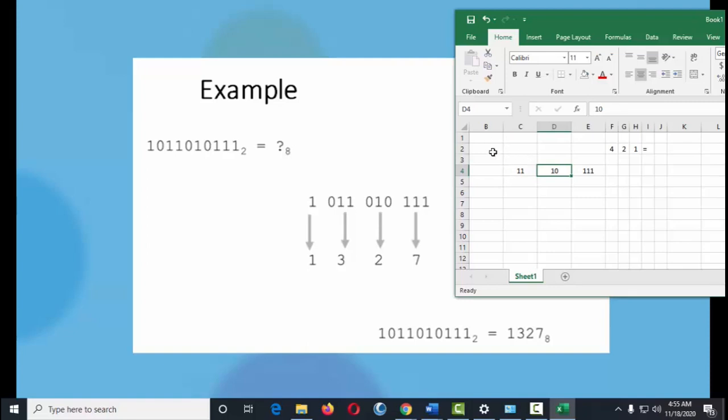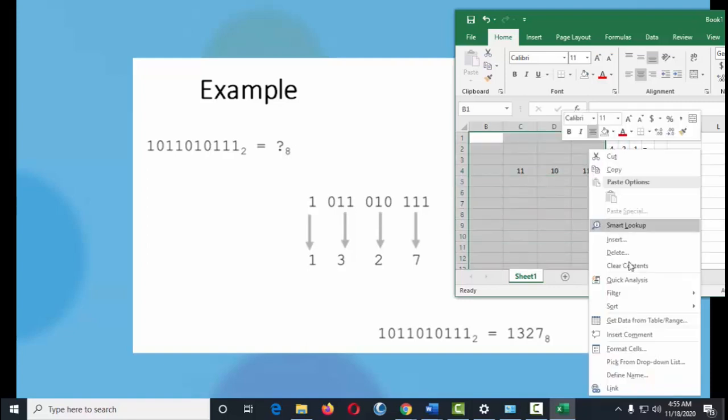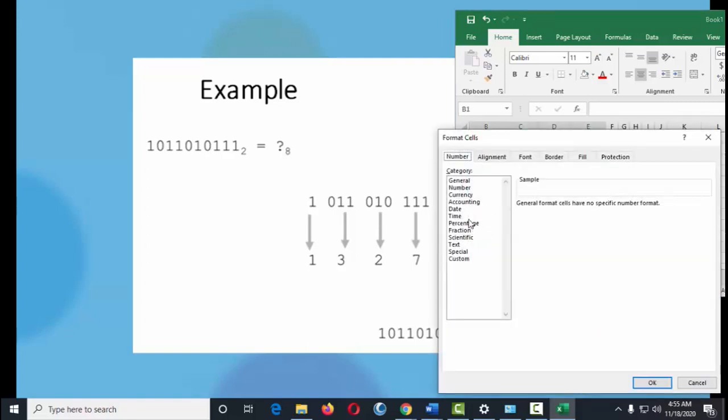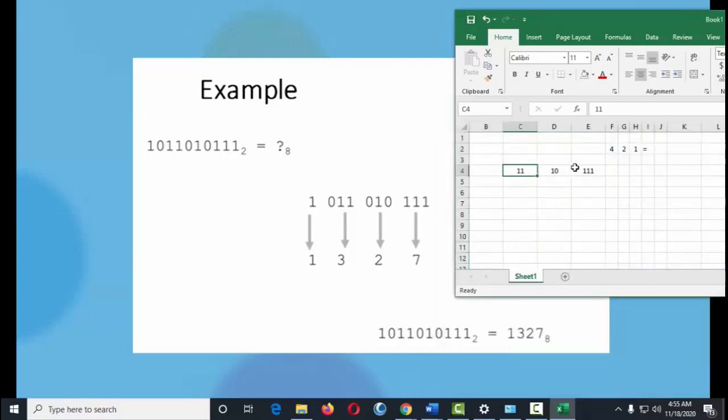Let me change the formats here so it won't convert to anything else. So 1, 1, 1 is actually 7.